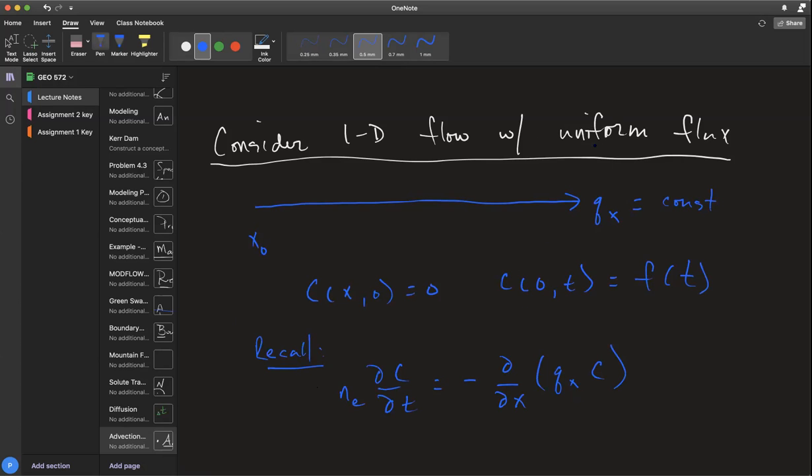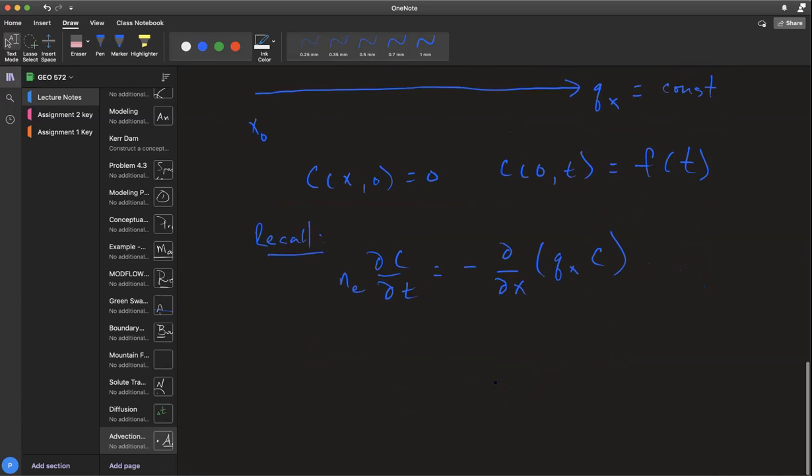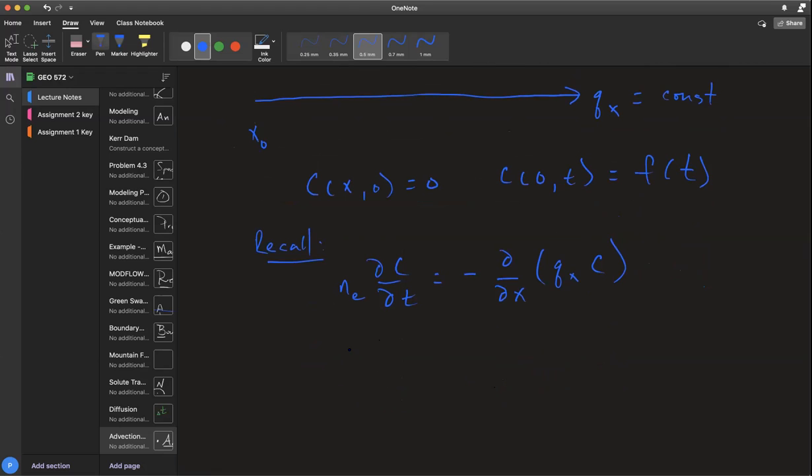Now, if I have a uniform flux, that means it doesn't change along the x direction. So it's constant with respect to this derivative, so I can bring it out. That gives me n_e dc/dt is equal to negative q_x dc/dx.